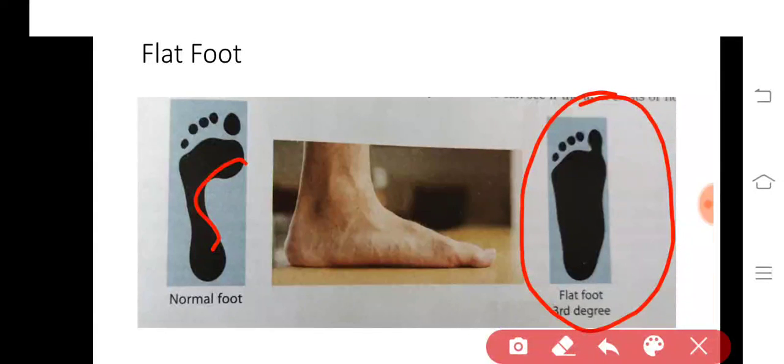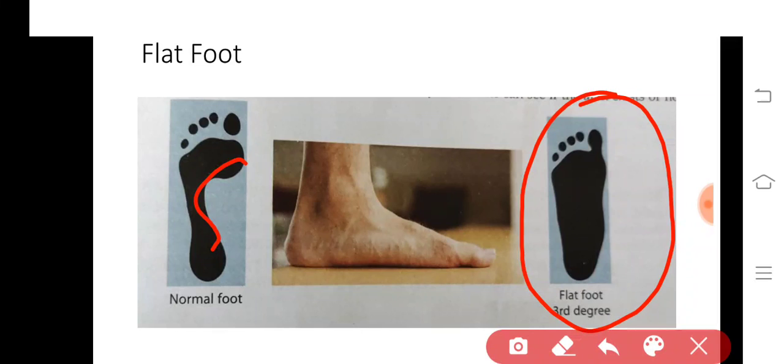This in turn leads to strain on the knees, hip and spine. To find out if one has flat foot, just wet the feet and take an impression or imprint on the dry floor. One can see if the arch exists or not.